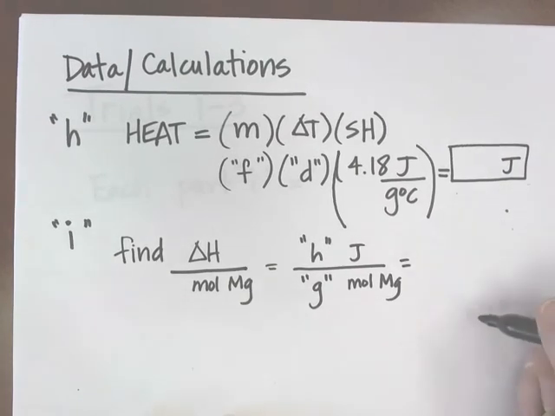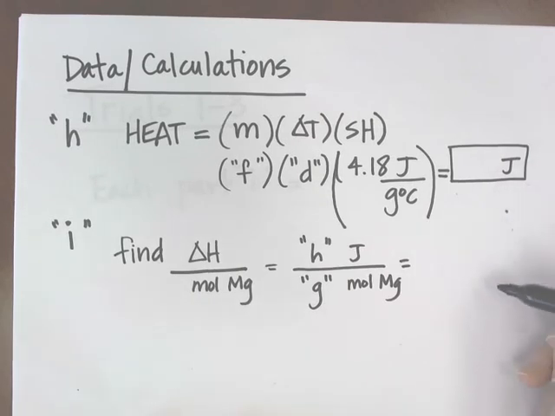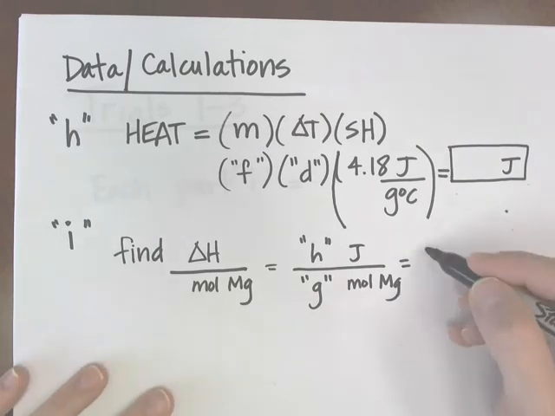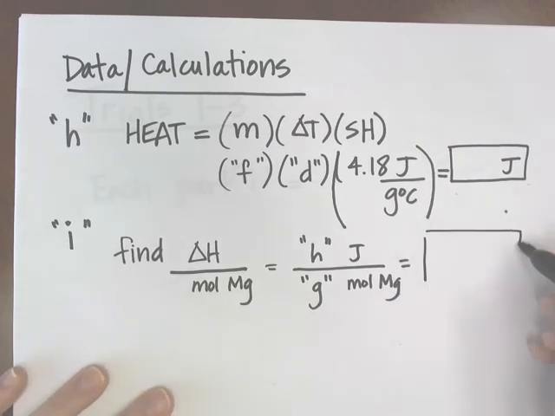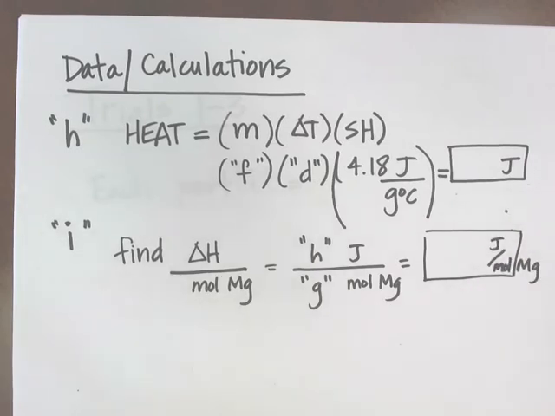So what you should find is your values in H are going to vary, but when you convert them per mole of magnesium, all three of your I values should be pretty close to each other. There shouldn't be a lot of variance in your three I values.